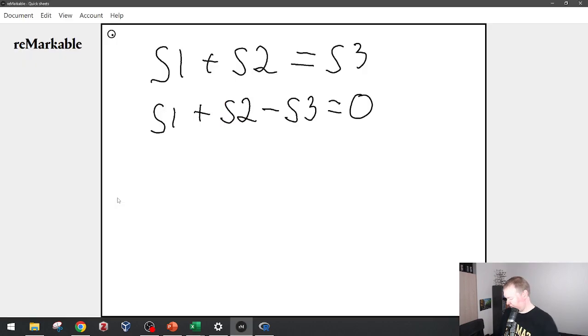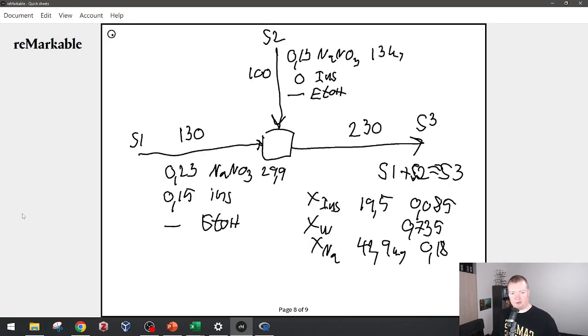Now, just for the fun of it, we're going to do the system as well. We go back to the drawing. For unit 1, stream 1 plus 2 minus 3. For the entire system, there's only one unit, so it's stream 1 plus 2 minus 3.